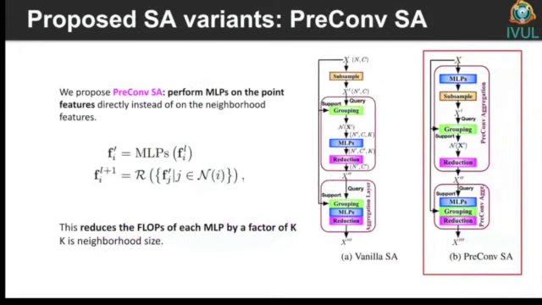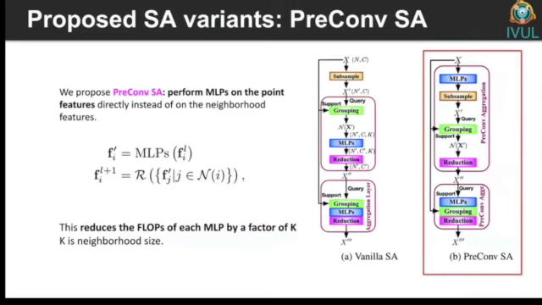In this work, we gradually modified the Vanilla SA module to improve its efficiency and its accuracy. We at first proposed the PreConv SA module, as shown in the red figure. The difference between our PreConv SA module and the Vanilla SA module is that we move the MLPs to before grouping instead of after grouping.